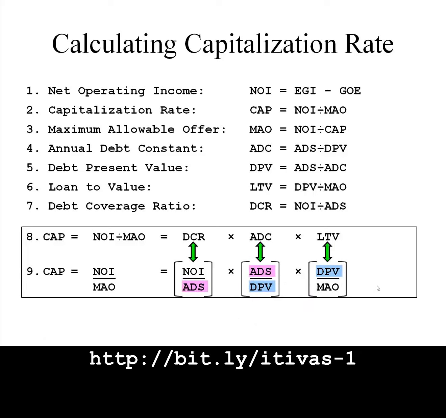We can see here that the annual debt service appears on both the top and bottom of the division. The debt present value appears on the top and bottom of the division. Therefore, those values cancel out, leaving just net operating income over maximum allowable offer. Thus, we have proven the mathematical equivalency of these two expressions.